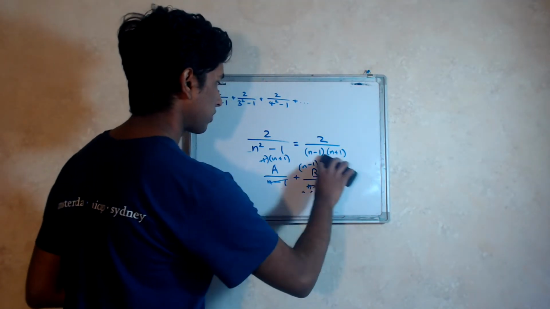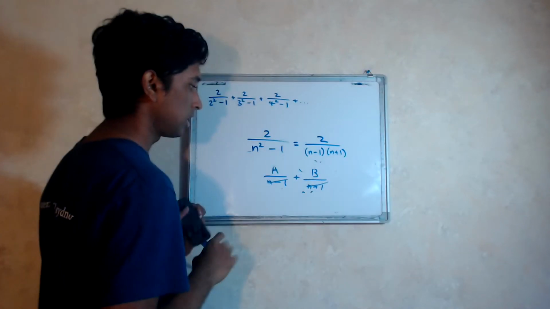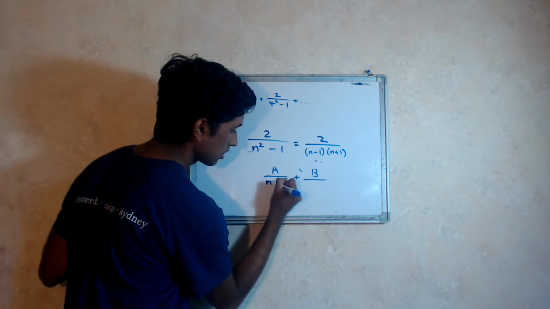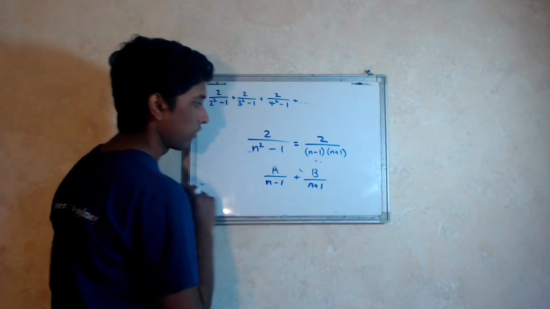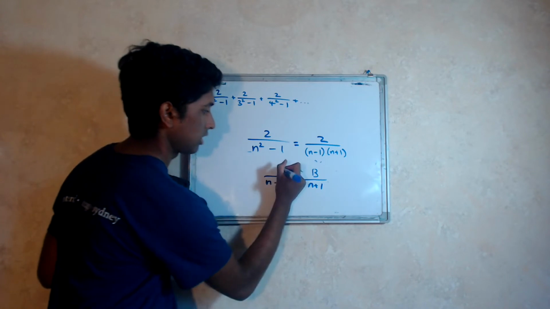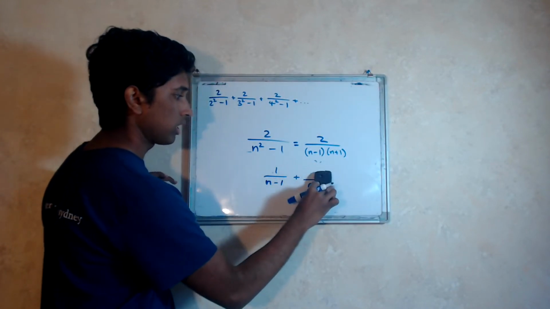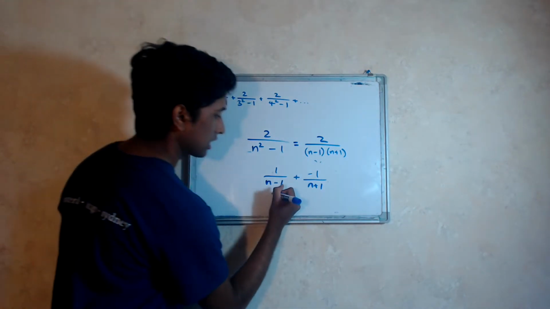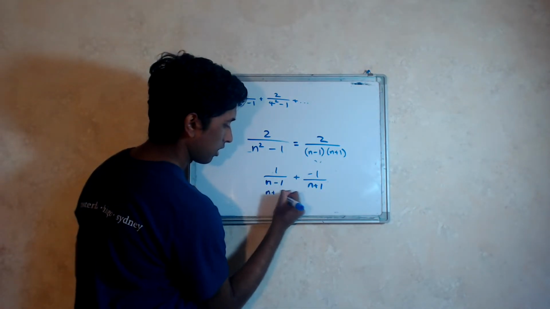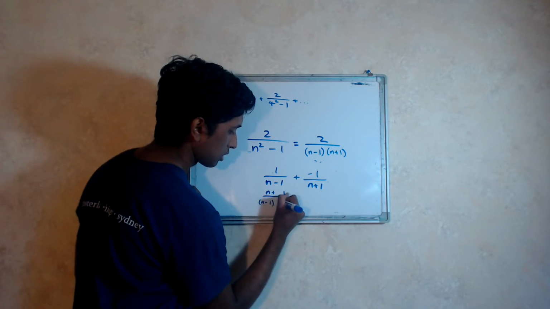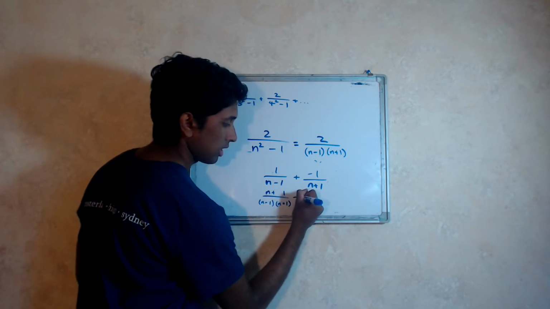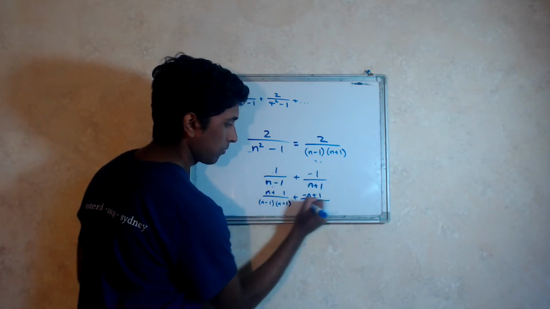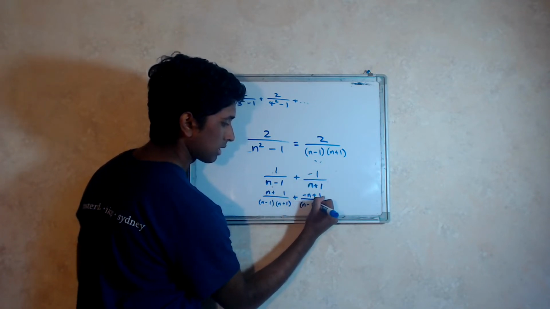well, I'm going to get rid of all of this. Remember that a and b were 1 and -1. So if I get rid of this a and replace it with 1, and this b with -1, look what happens. When we combine the fractions, we get n plus 1 over n minus 1 times n plus 1, plus -n plus 1 over n minus 1 times n plus 1.